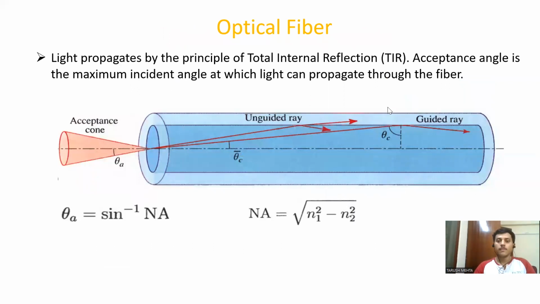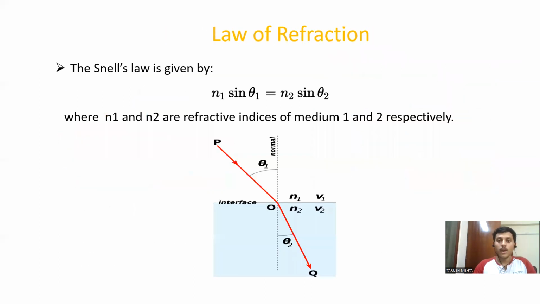Another optical component that can be explained using the theory of ray optics is the optical fiber. Going back to Snell's law, we can see that whenever light was incident from a medium that had a lower refractive index to a medium that had a higher refractive index, light bent towards the normal.